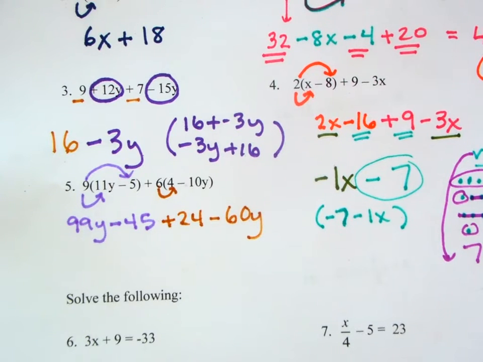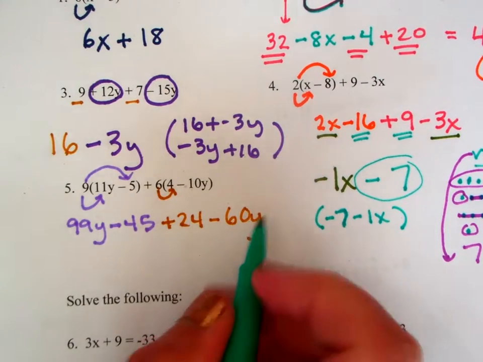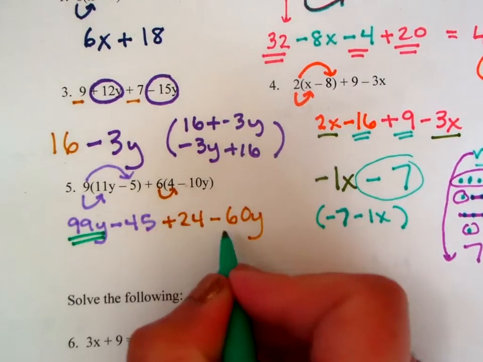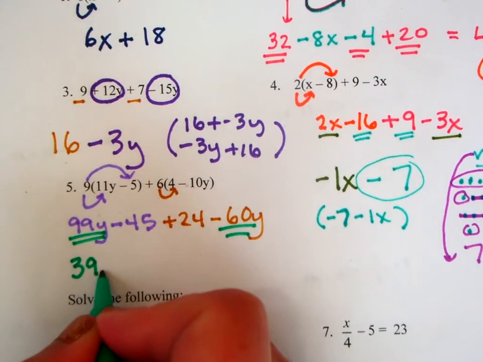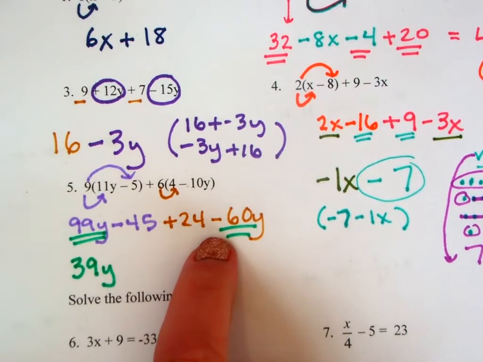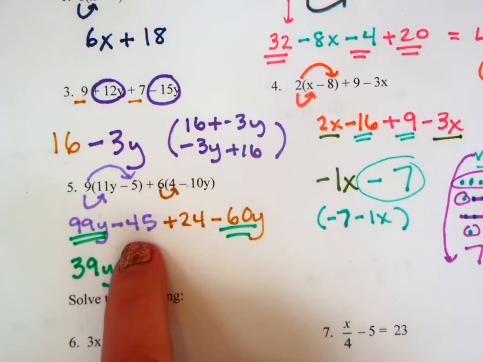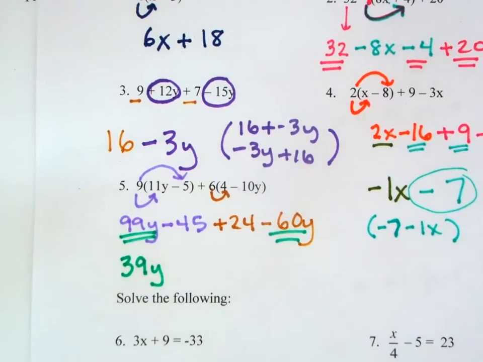All right, now I can basically take the adding like terms pieces. And so 99 minus 60, y, they're both y's. So 99 minus 60 is 39. But don't forget it's a 39y. Okay, and the 45 and the 24 work the same way. This time I have more negatives, so kind of similar to this, although I'm not going to draw it out.